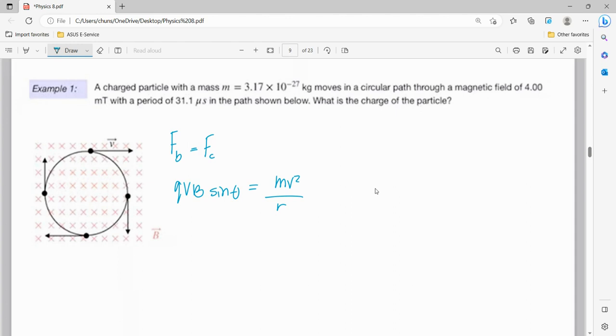And we want to isolate for q. So let's move this to the other side. So then q is equal to mv squared over r v and B. And one of those v's is going to cancel. So this is mv over r sine theta B.